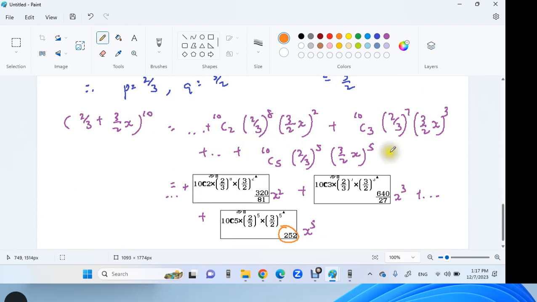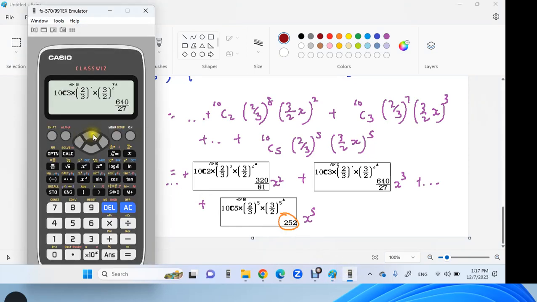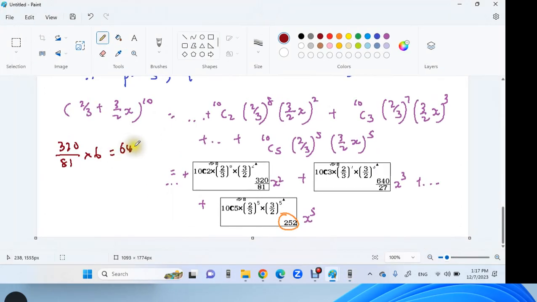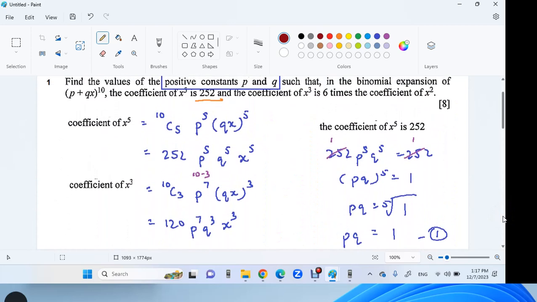The coefficient of x squared is 320 over 81, and times 6 it becomes 640 over 27. So 640 over 27 equals 6 times this one. Correct, so what I did is correct.